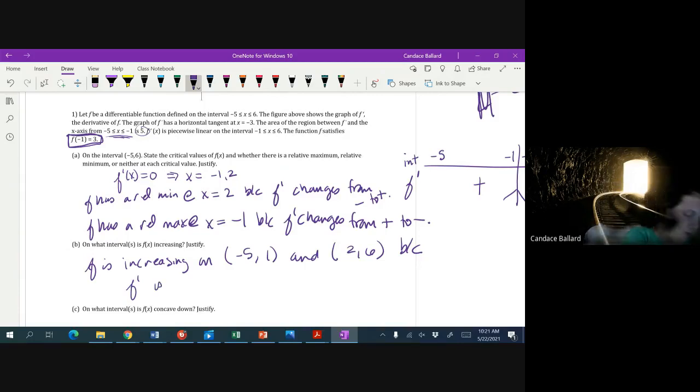F prime is positive, or greater than 0. Or you can write the words is positive. I went to the wrong explanation. Oh, it's -1. Thank you. Typo.